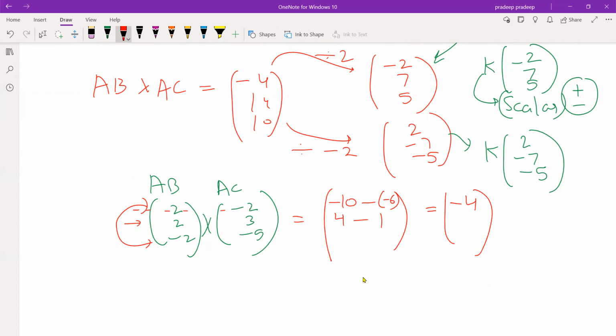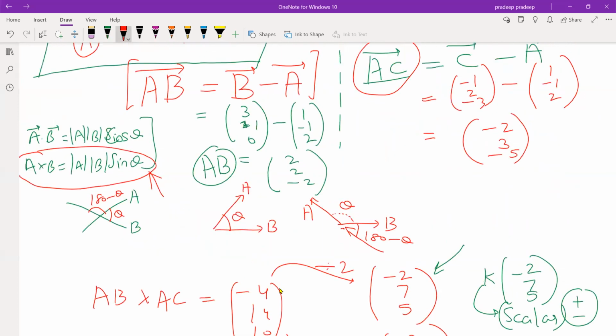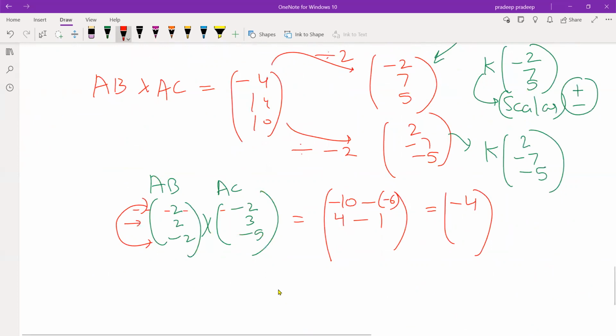Let me check. So AB was 2, 2, -2, and AC was -2, 3, and -5. So Samuel, you got 14 as the y component, isn't it? Yes, sir, 14. So we check -2 into -2 is 4.